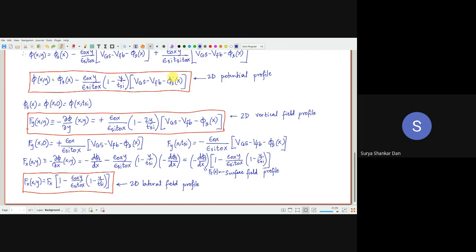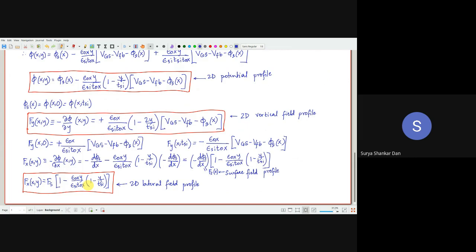Then here also there is phi s, and here is fs. If this is the surface field, that is nothing other than the derivative of your phi s. So once we get an analytical, physics based model for phi s, we will get a physics based model for the fs as well immediately. It's just the derivative. Then we will be getting the 2D lateral field profile as well.